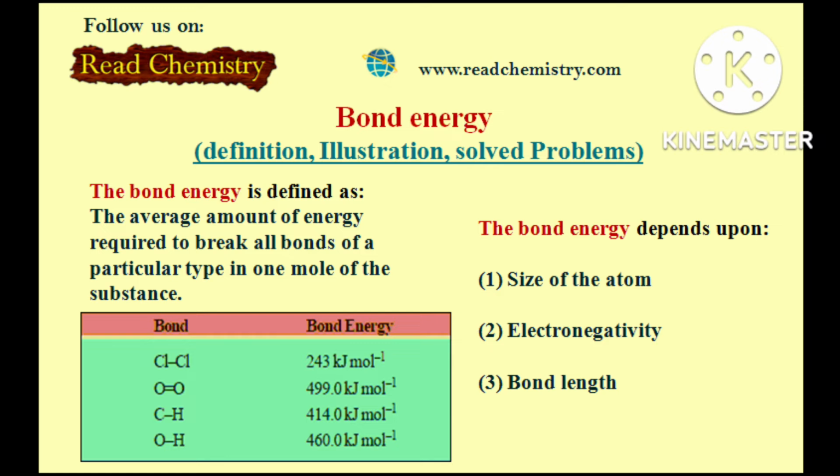If the second bond is breaking, this time it will give CH2 gaseous state plus 1H, and it will require 439 kilojoule per mole, a little more.